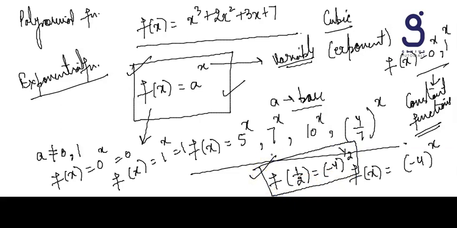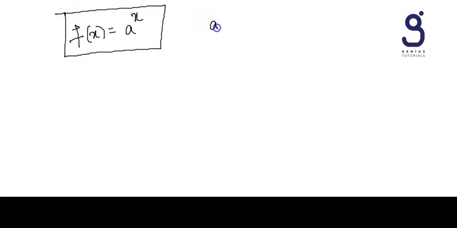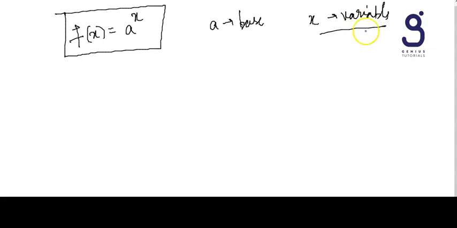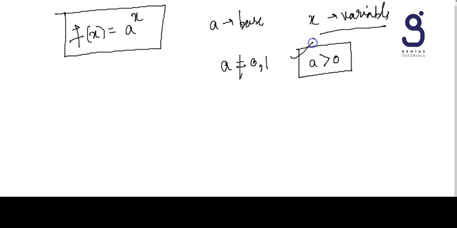That's why what we can conclude out of it, let me summarize this: if we have an exponential function f(x) as a to the power x, then this a here is the base and x variable is the exponent. Now remember one thing, that this base a should not be equal to 0 or 1, and a should be a positive value. a cannot be even negative. Why is it not negative?